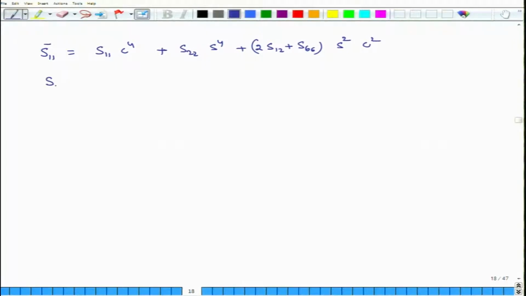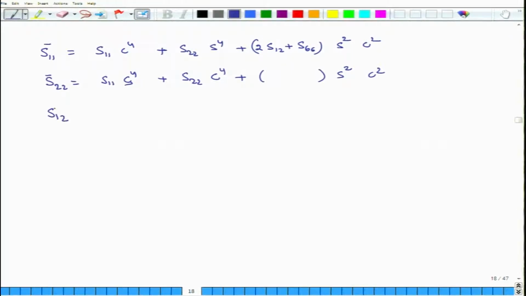Okay. S22 bar equals S11 times sine 4 theta plus S22 times cos 4 theta plus the same term times sine square times cosine square.